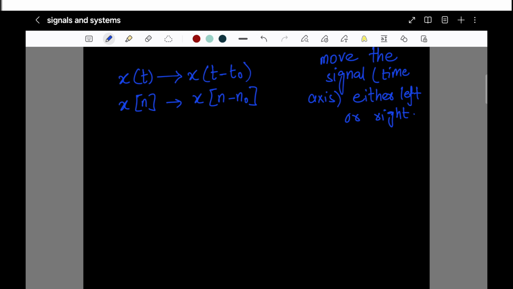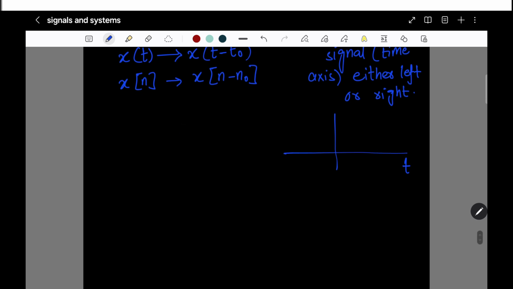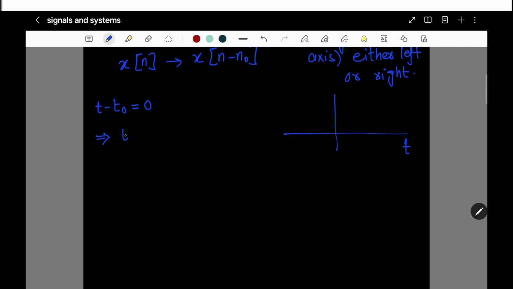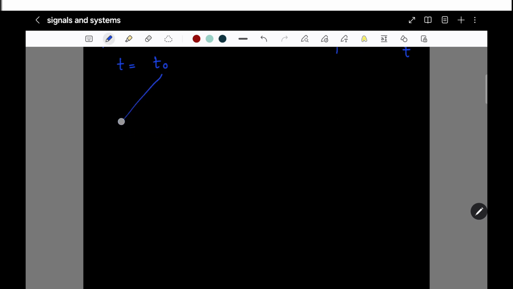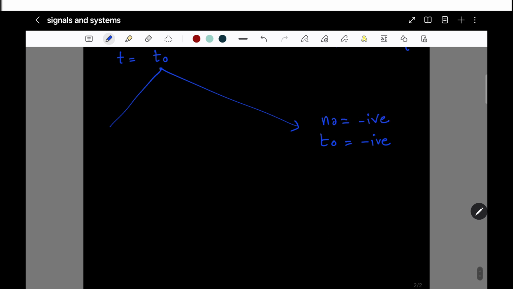So the basic reference is the time, which is this axis. The first thing is to take t minus t naught and put it equal to 0. After that just do some simplification and this is t0. Let's say we have two cases here. t0 can be negative, or in other case n0 can be negative.